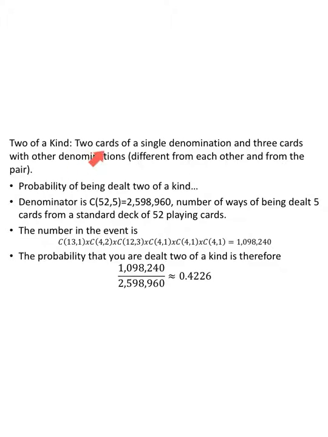But now, because I want 2 of a kind, also known as a pair, out of the 13 denominations, I choose one of them. And out of the 4 cards of that denomination, I want 2 of them. This is my pair. And then, so a sequence of choices, our next step is then, out of the 12 denominations left, I want 3 of them. Right?